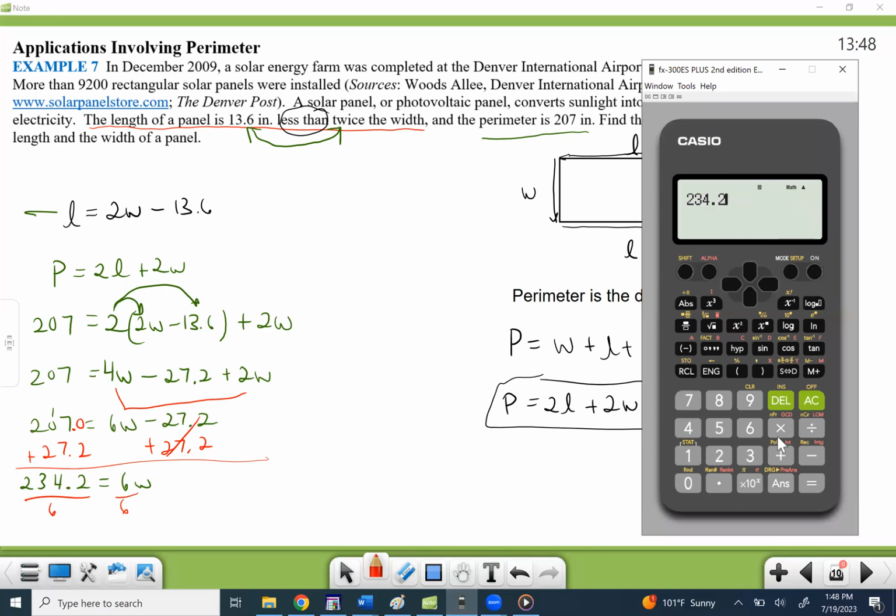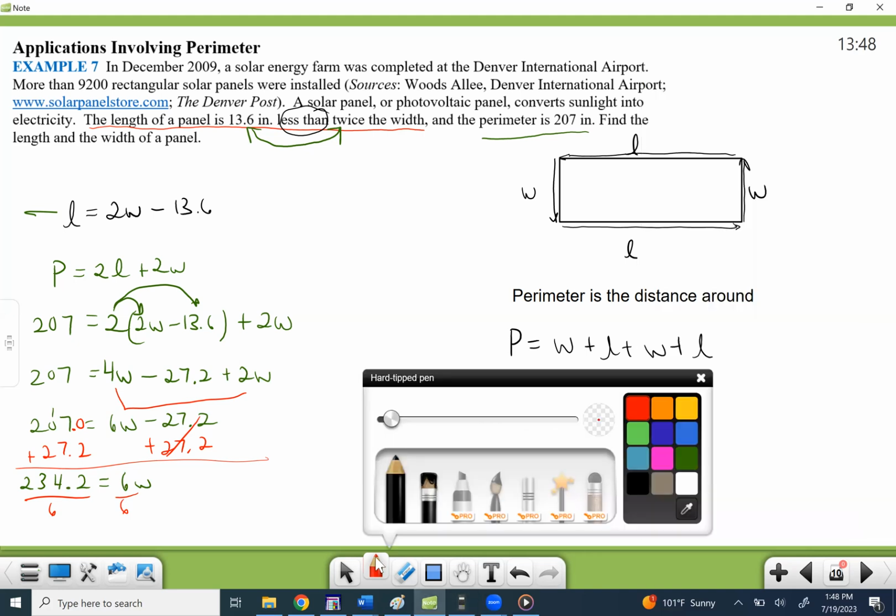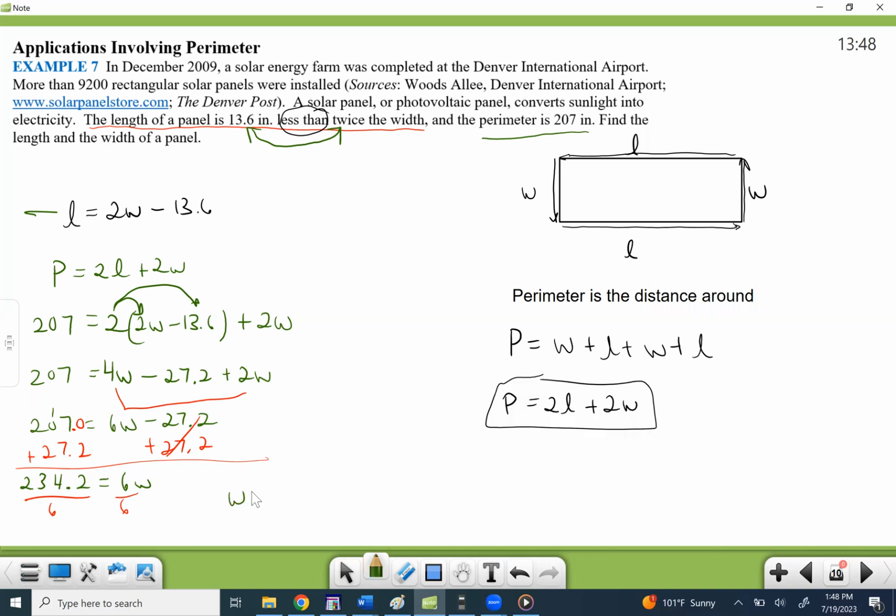234.2 divided by 6 equals, so the width is, let's just round it, you guys, 39.03. This is inches. All right, we got the width.